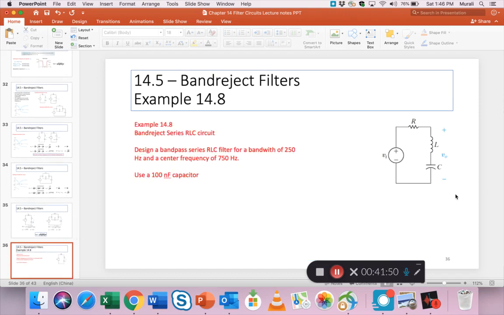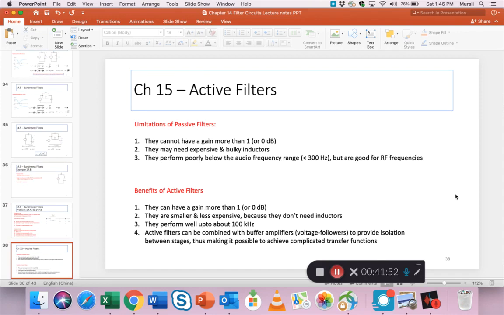Okay, then we have some problems which I will do in the next recording session. So we have another 5 to 10 minutes, and I will talk a little more about active filters. Again, I want to tell you that it's an interesting topic.